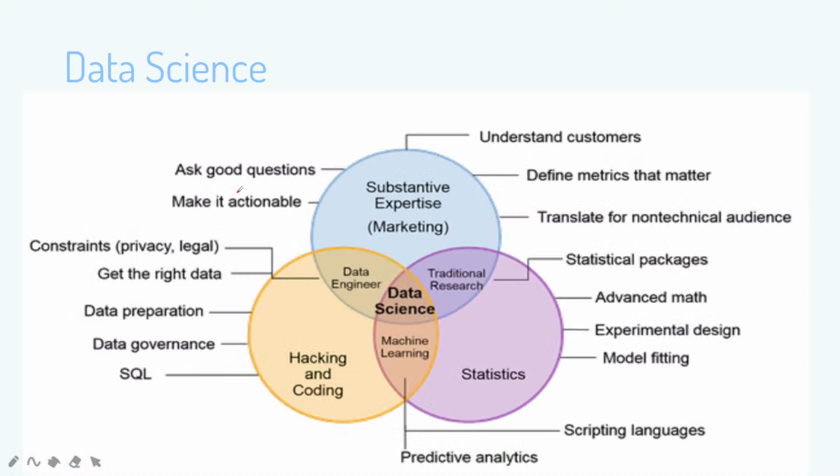Here you can see data science is applicable for statistical purposes and more. Why? Because data science is applicable for all domains like machine learning, deep learning, hacking and coding, statistics, data engineering, traditional research, substantive expertise, and marketing also.